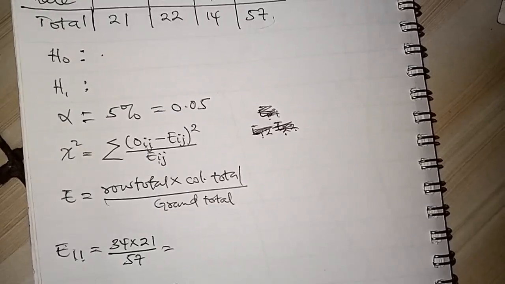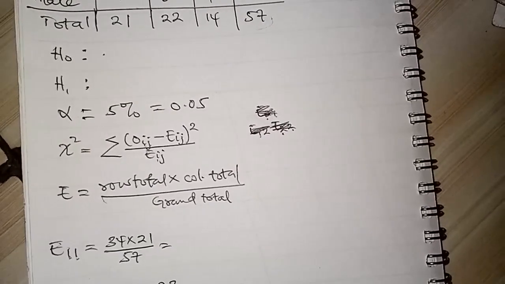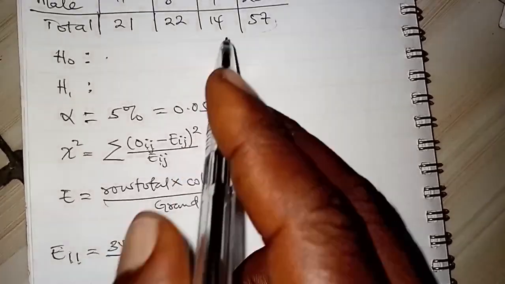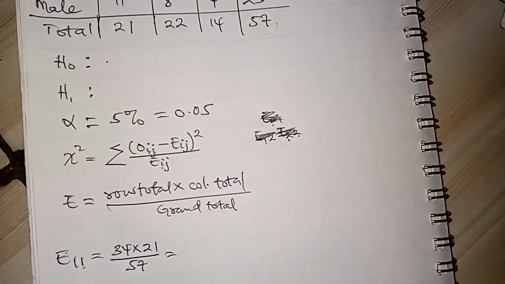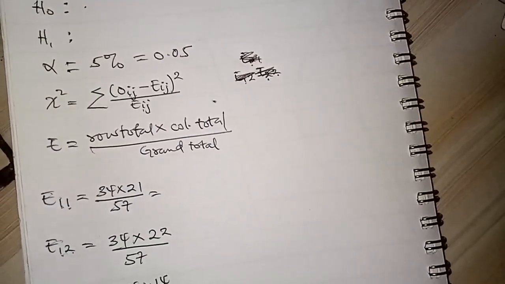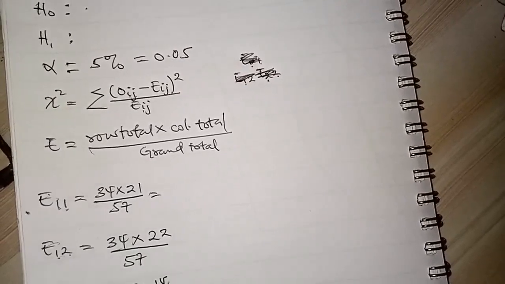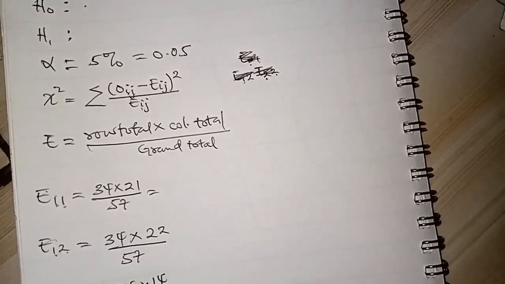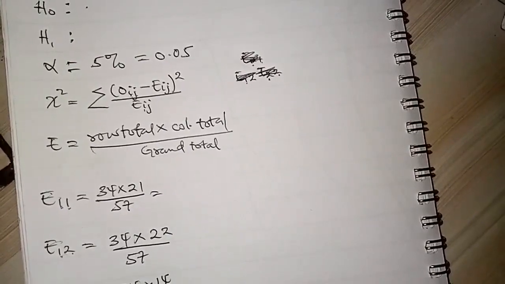E13, because we have a third column, will now be the total of 34 times the total of the third column, which is 14, over 57. Then we go to the second row. E21: the total of the second row is 23 times the total of the first column, 21, over 57, the grand total.